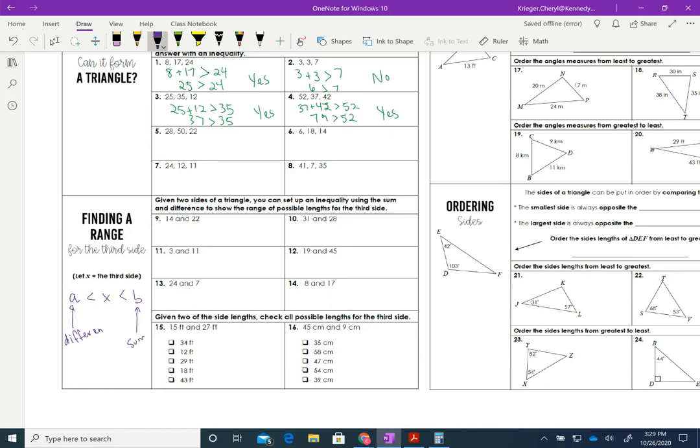So let's go ahead and write the inequality first. Oh, I wrote difference. Sorry. Okay, so the difference between 22 and 14 is 8. So 8 is less than X is less than 22 plus 14 is 36.